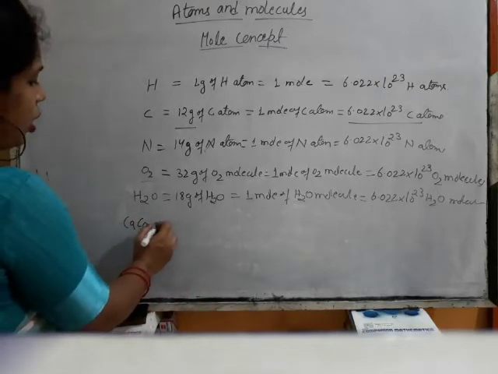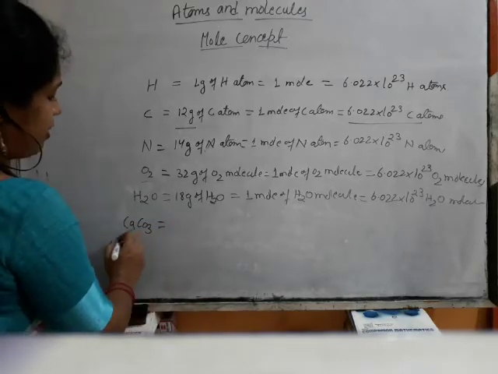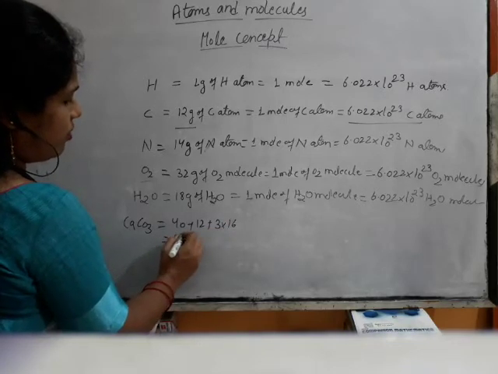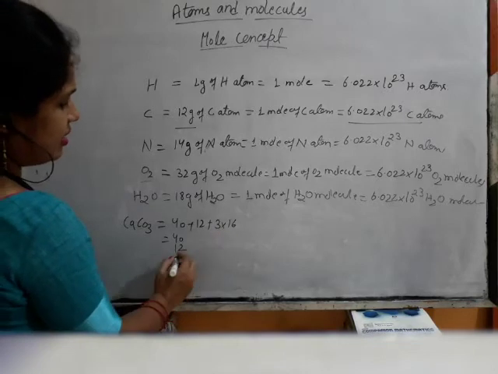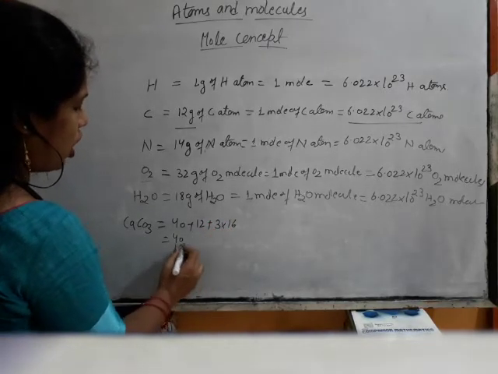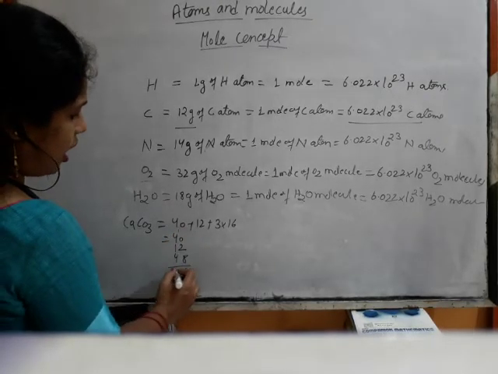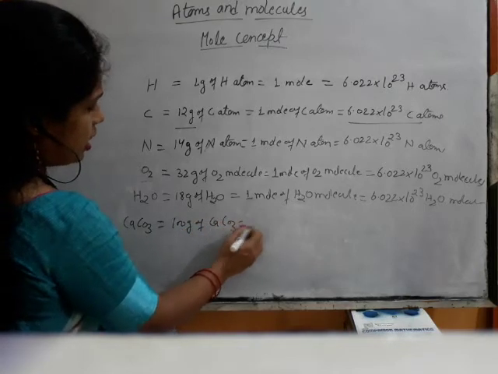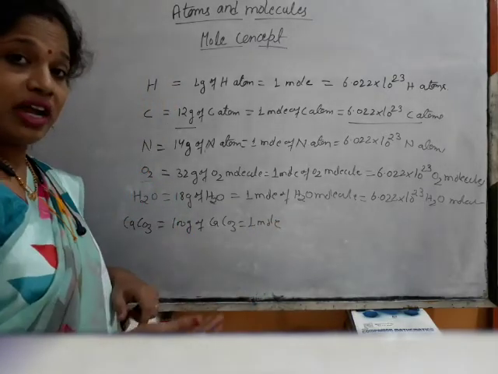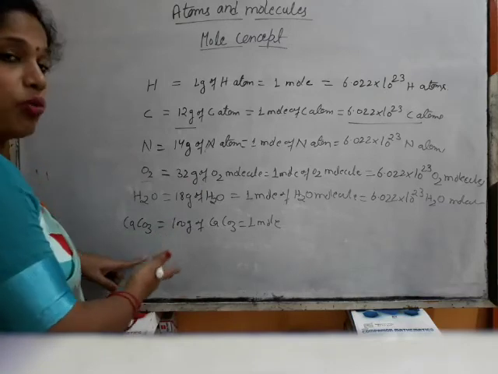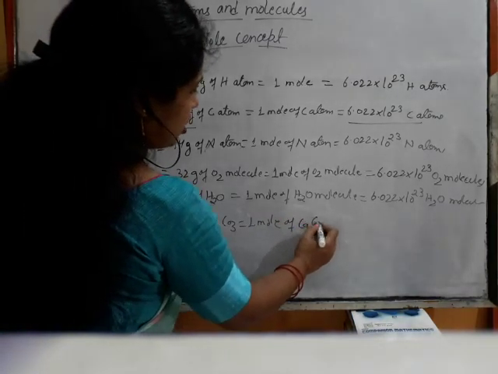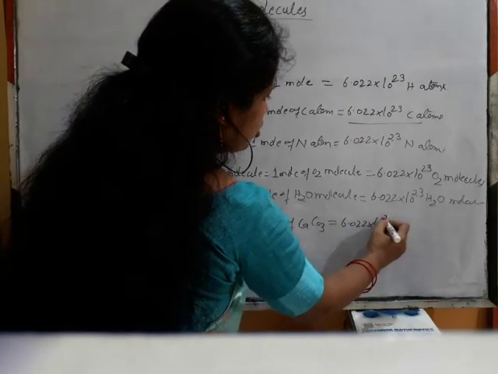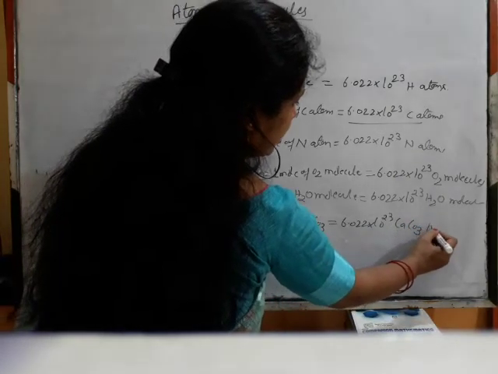If I add the atomic masses of all the atoms, calcium has the mass 40, then carbon 12, and then oxygen is 3 into 16, that is 48. So 40 plus 12 plus 48 is 100 grams. 100 grams of calcium carbonate, which is the formula unit mass of calcium carbonate, is 1 mole of calcium carbonate, which is equal to 6.022 into 10 raised to the power 23 calcium carbonate particles.